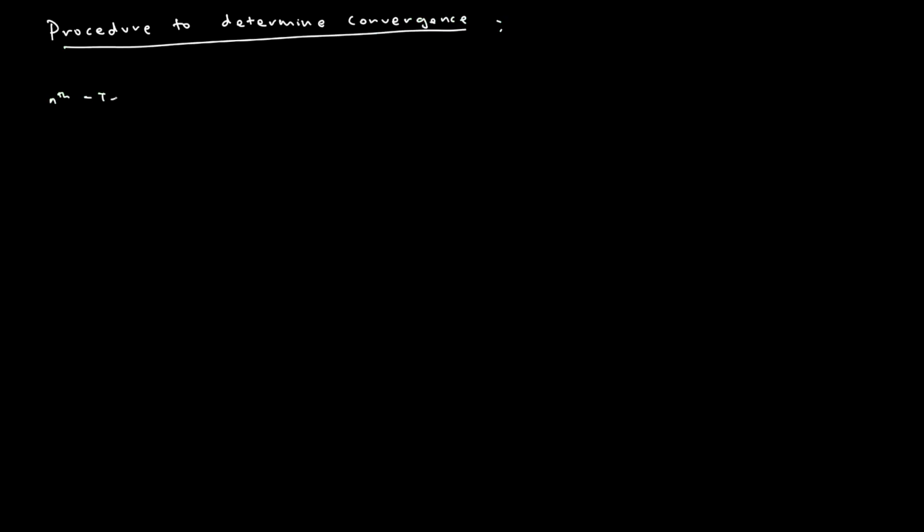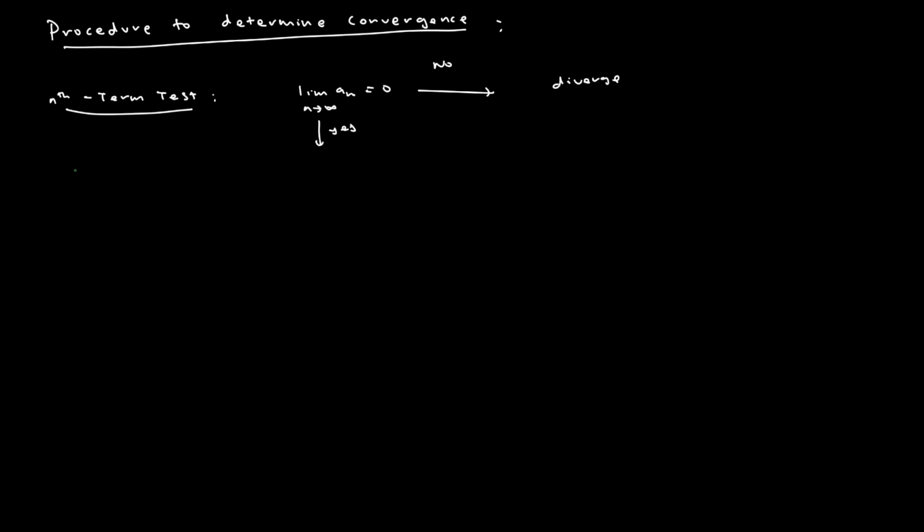I didn't talk about it in this video, but I have another video that talks about it. You want to use the nth term test, and that tells you if the limit of a of n is essentially 0 as n tends towards infinity. And if that's not true, then we can conclude instantly that we diverge. Now, if it is true, we need to do further testing to determine convergence or not.